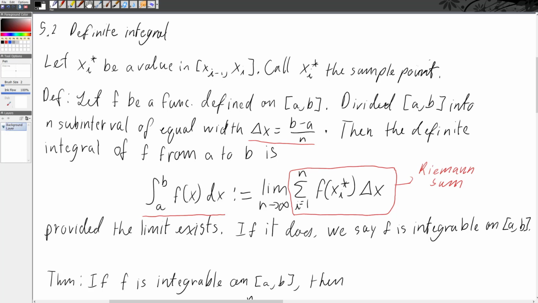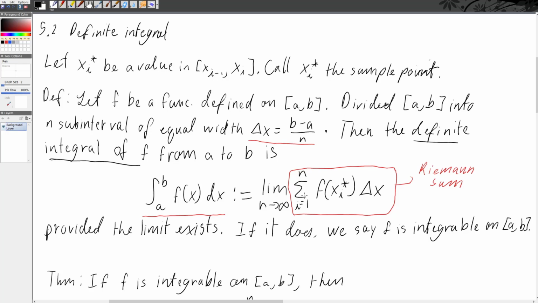Then the definite integral, this is the new thing. The definite integral of f is going to be represented by this equation on the left right there. We say the integral of f from a to b is defined as the limit of the sum of f of xi star times delta x as n goes to infinity.